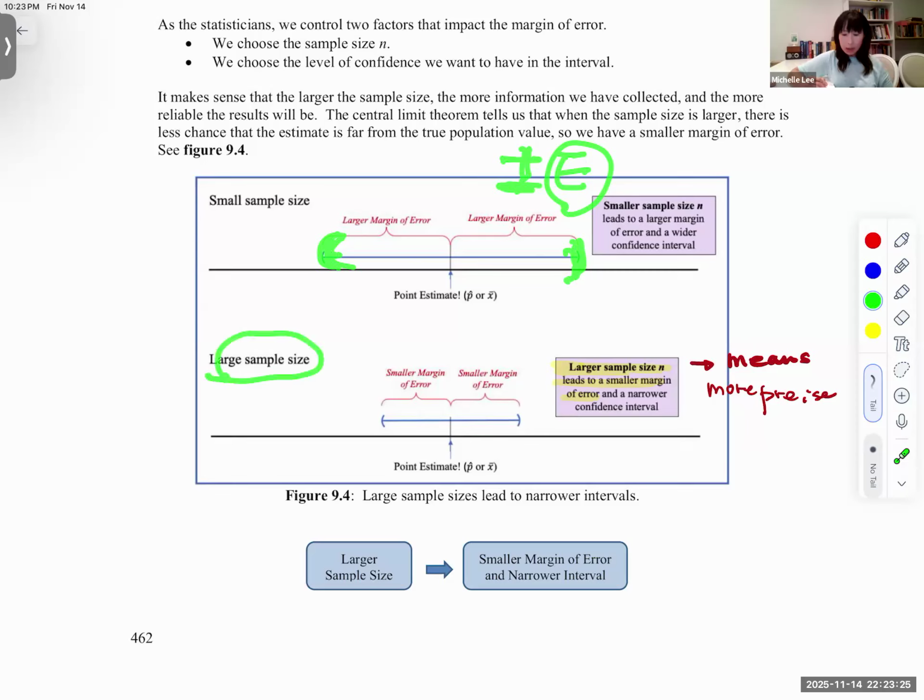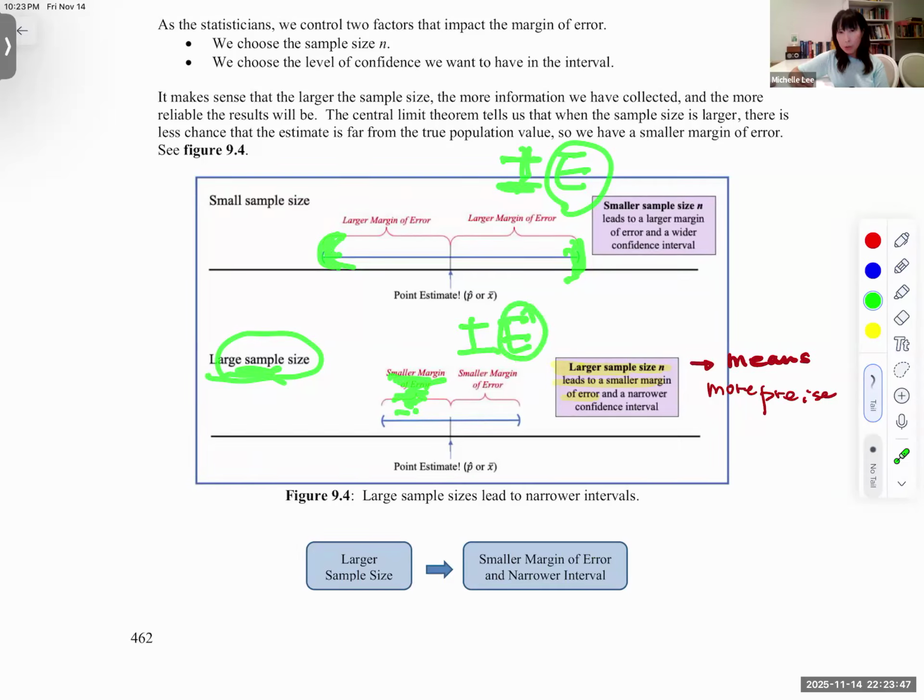Okay, then a larger sample size leads to a smaller margin of error. Yeah, then with a smaller margin of error, that means plus minus margin of error, right?